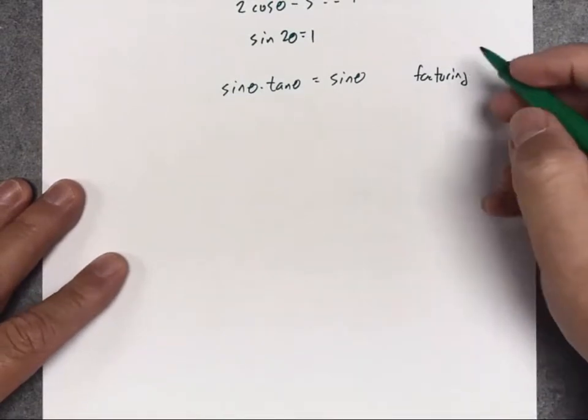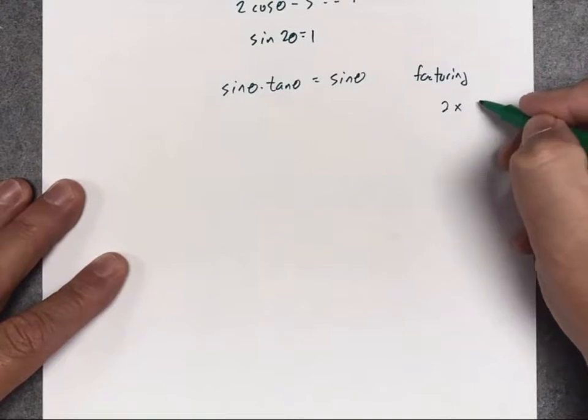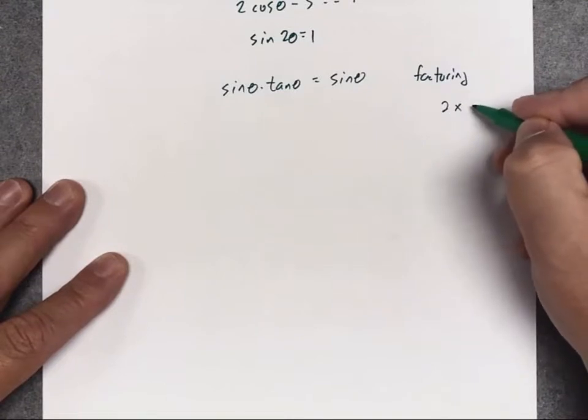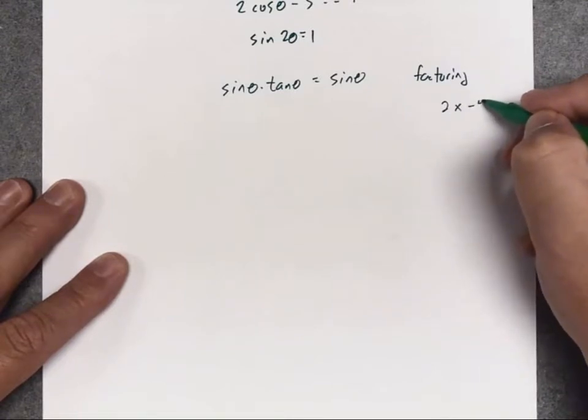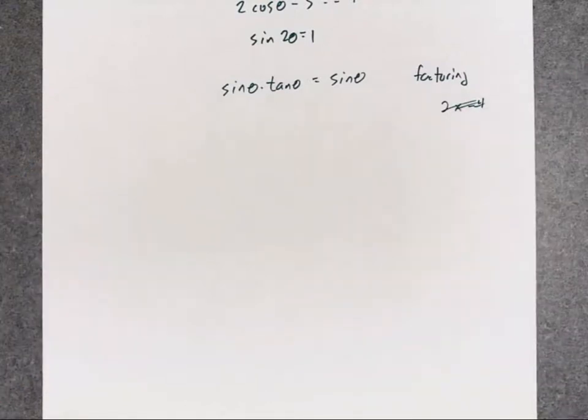Normally when you factor, you get everything on one side.